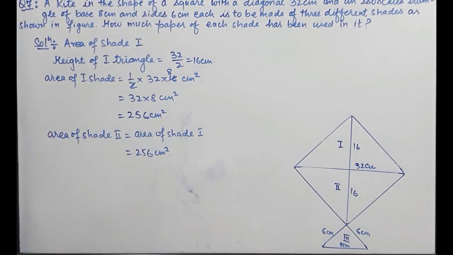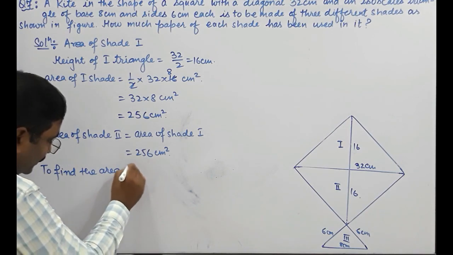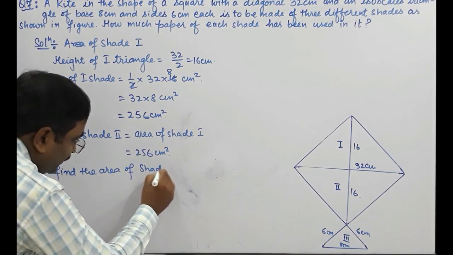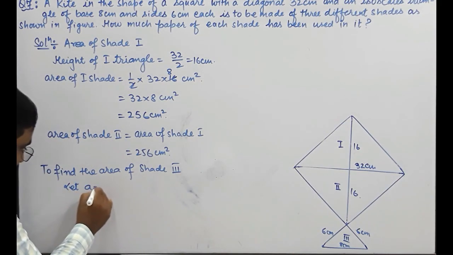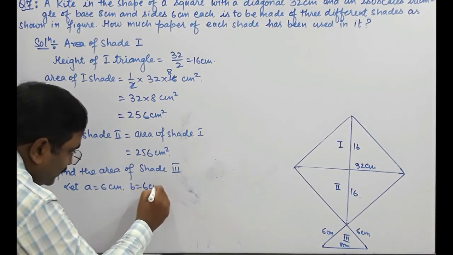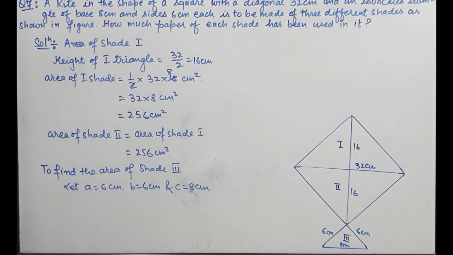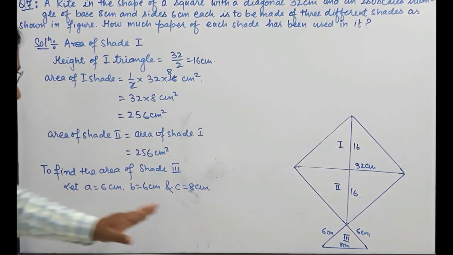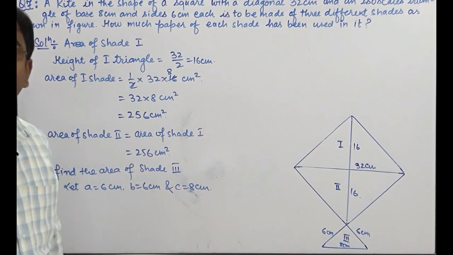So to find the area of the third side, let a is equal to 6 centimeter, b is equal to 6 centimeter, and c is equal to 8 centimeter, right? So in this triangle, to find the area, we require Heron's formula.